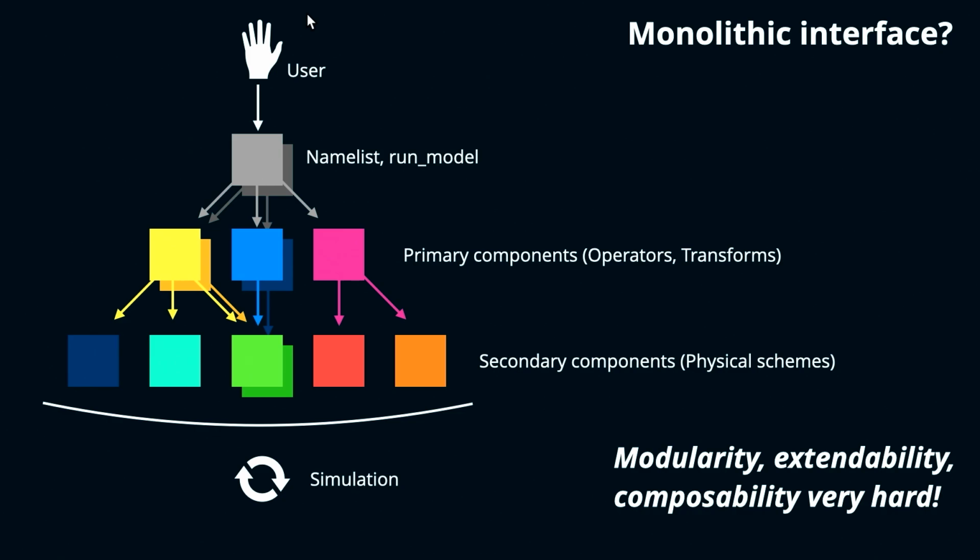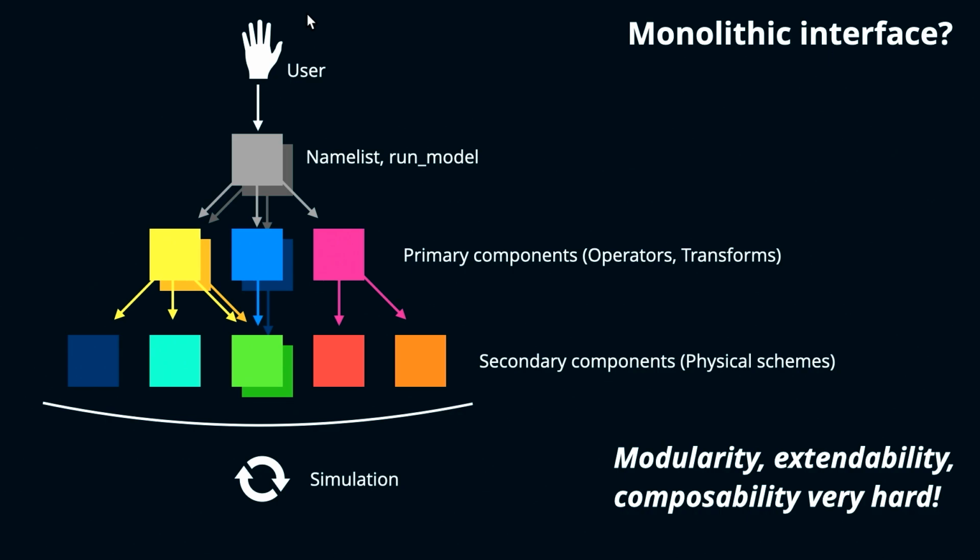Then it becomes a PhD project, because the PhD student suddenly has to say okay, I need to somehow branch off from this green block, but then I need to understand how all of the interaction with the yellow and the blue component, which might be hidden inside the model, works, and how does the information from the namelist propagate down, and so on and so forth, and everything becomes really complicated. And so we thought well, why do we actually do it this way? Why can we not just do it differently?